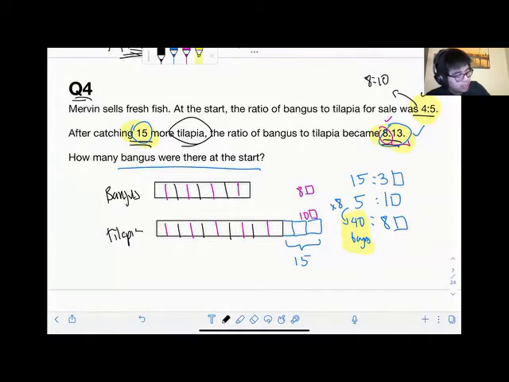Pagkatapos nun, kitang-kita na yung 3 bagong box dito na kailangan para maging 13 yung tilapia. Nanggaling yung 3 box na yan sa yung 15 tilapia na nahuli ngayon. Tapos masosolve lang natin na yung 3 boxes, yung 1 box ay 5, so yung 8 boxes ay 40 bangus. Okay.